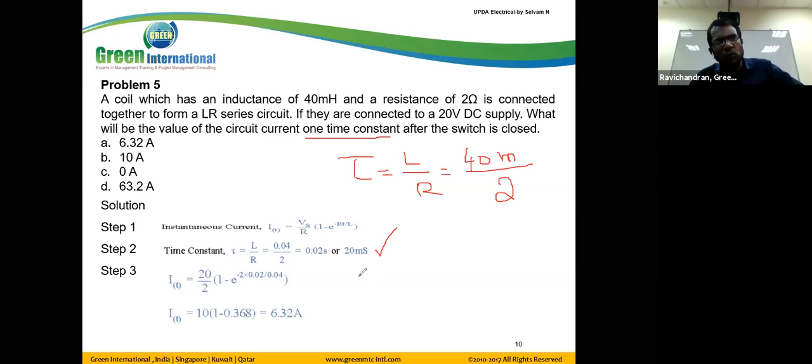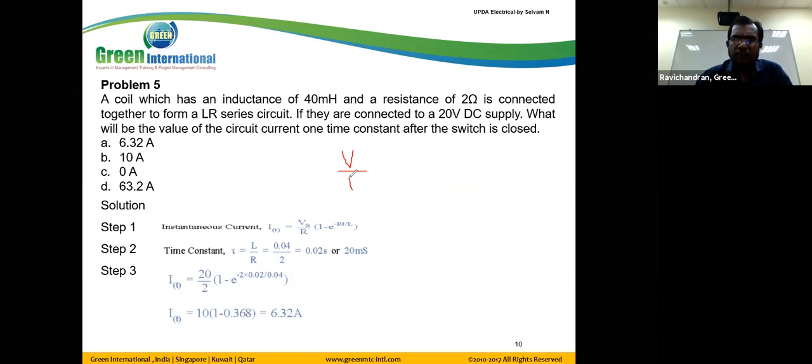So second step, V by R into 1 minus e to the power of minus t by tau, where t is equal to 1 tau.